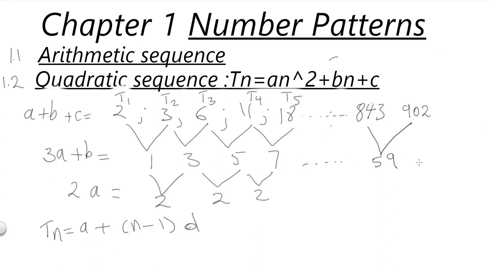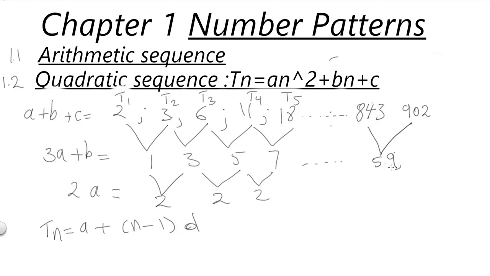So they ask you which term is the difference 59, between these two numbers. Because when you look here, between T1 and T2, the difference is 1. T2 and T3, the difference is 3. T3 and T4, it's 5. Now, which term is here for us to find 59?